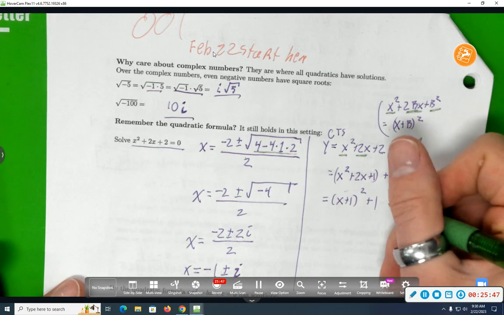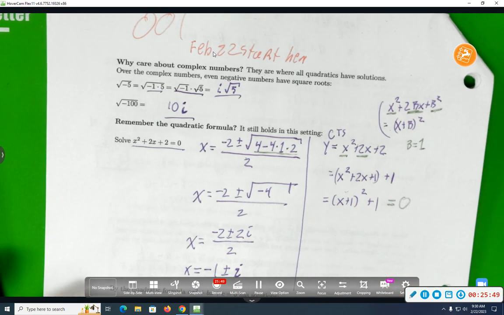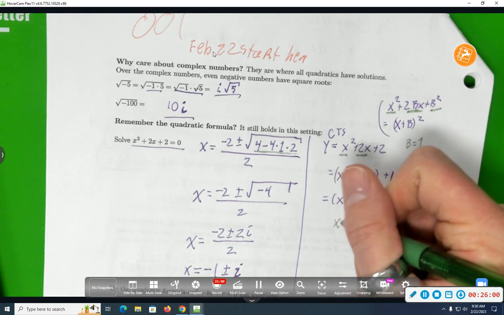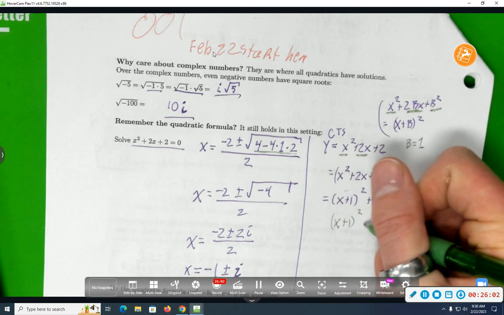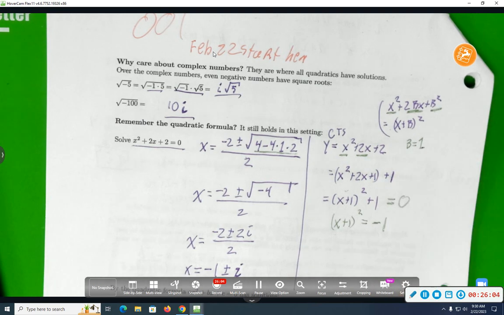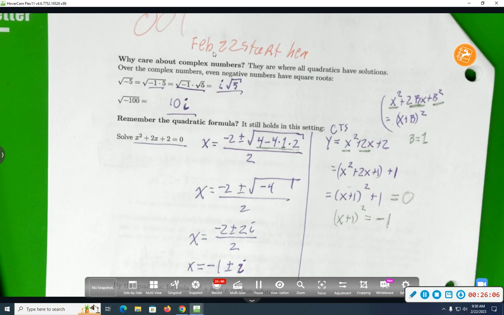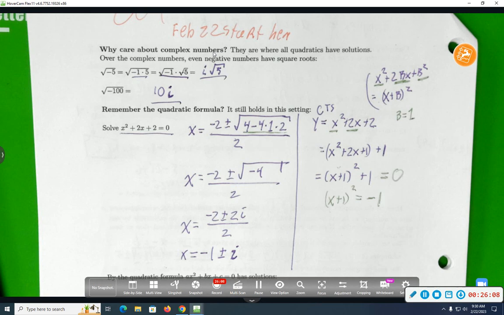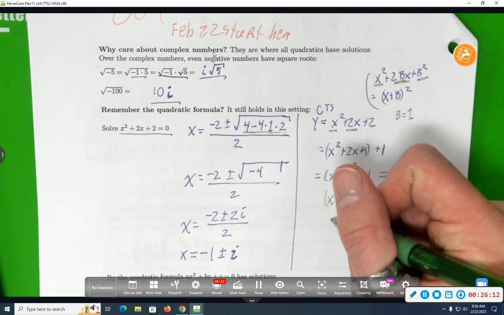And remember, we wanted to set this equal to 0. The whole point of completing the square is now that's something that's easy to solve. You would subtract 1 over to the other side. X plus 1 squared equals minus 1. So I need to take the square root of both sides now. What's the square root of negative 1? i.